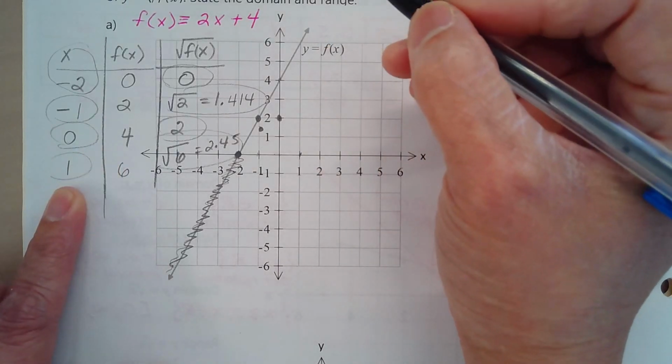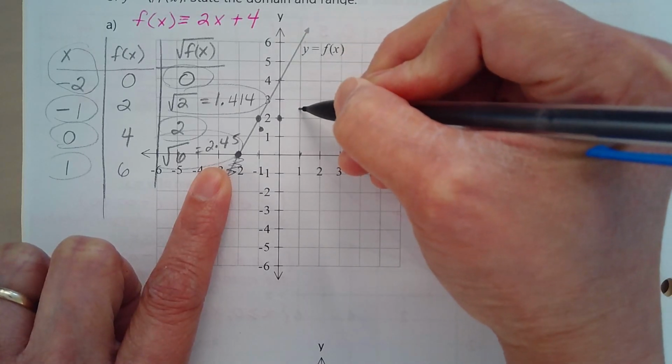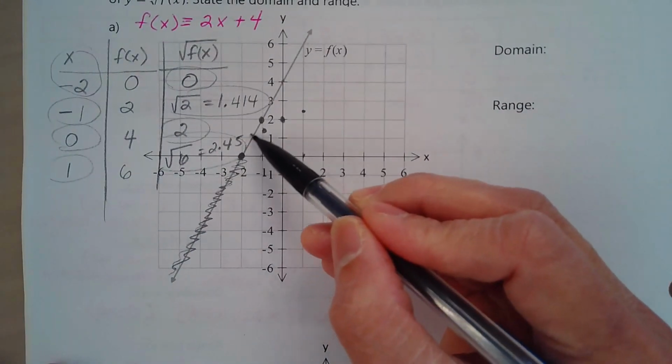And then 1 will give us a 2.45. So the graph is going to be something like this.